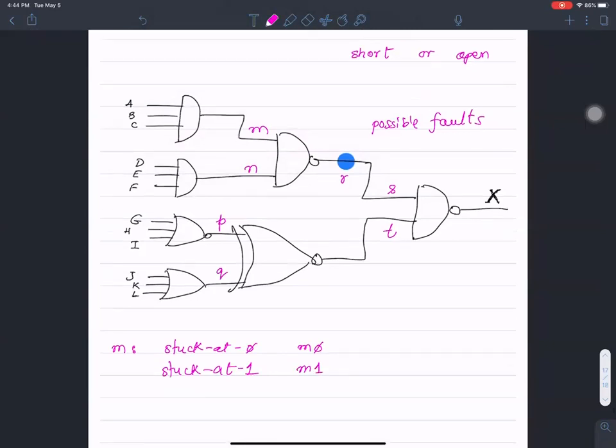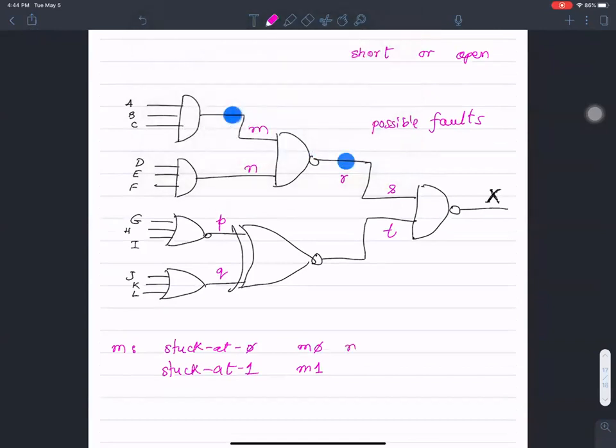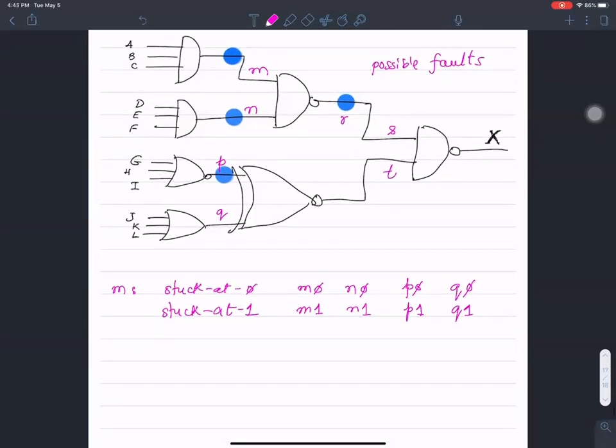These are the only two faults that are possible at node M. Even so, node N could be stuck at 0, or it could be stuck at 1. Same thing with node P: P could be stuck at 0, P could be stuck at 1. Q0, Q1. What I'm doing here is attempting to list all the possible faults. R could be stuck at 0, R could be stuck at 1.